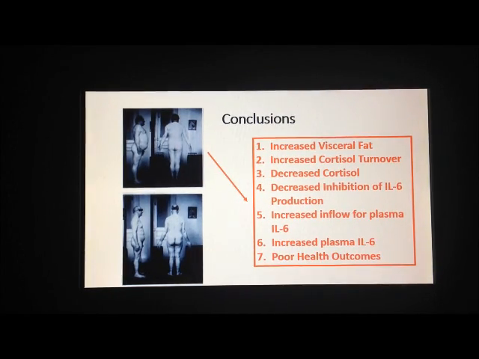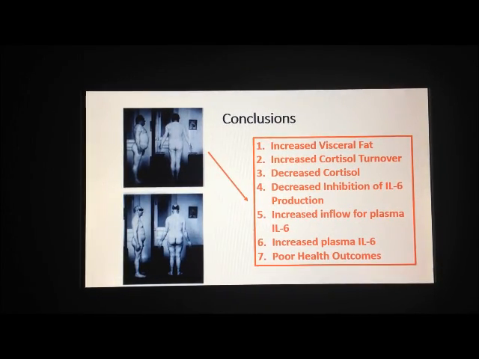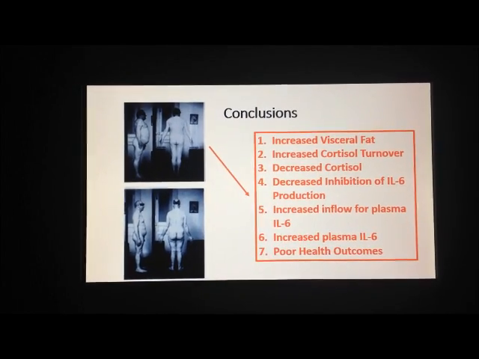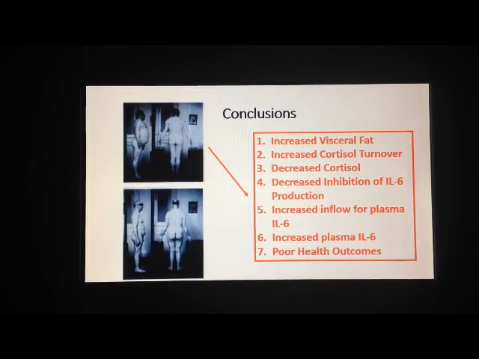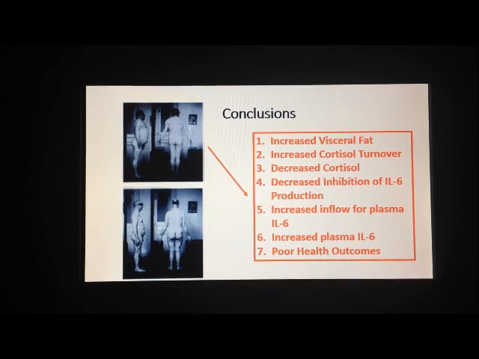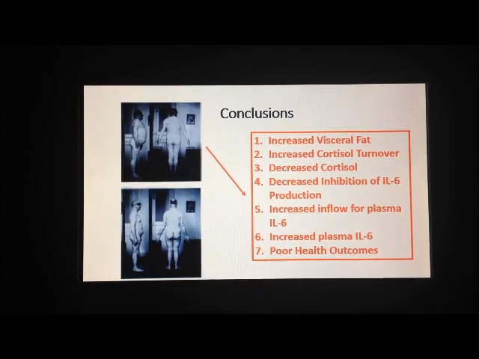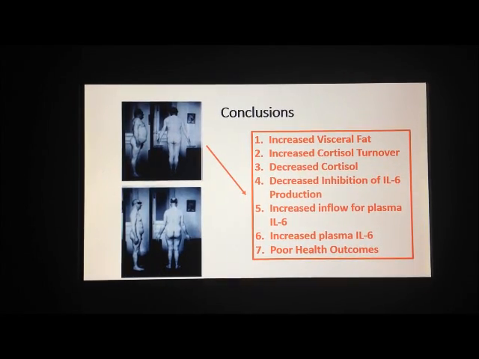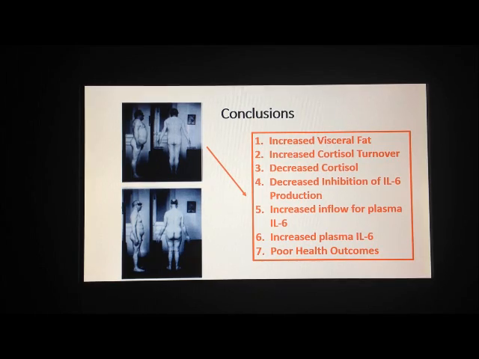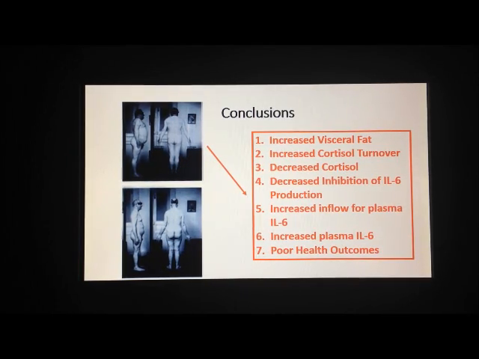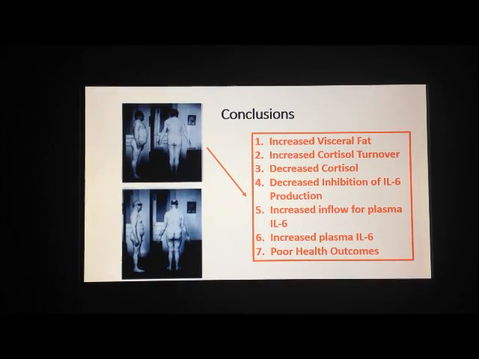To conclude, back to our original problem: with visceral obesity, as seen in the person who stores more fat in the abdomen, there's increased visceral fat and also increased cortisol turnover, which will decrease cortisol, decrease the inhibition of IL-6 production, increase the inflow for plasma IL-6, and therefore increase plasma IL-6, which, as stated in the original problem, leads to more poor health outcomes.